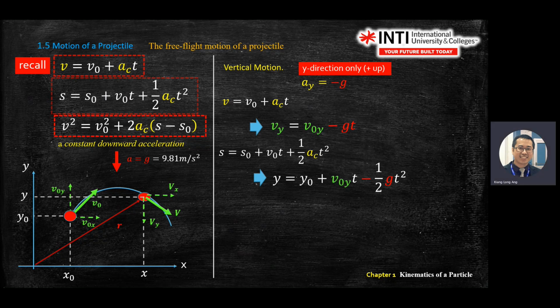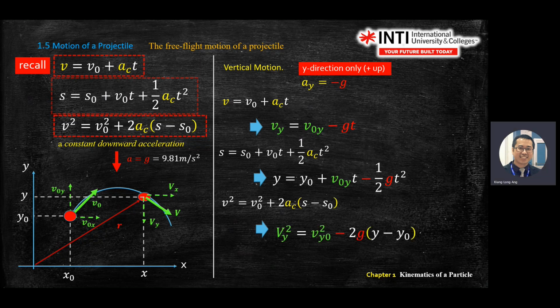You apply the same for the second one, and you will get this one. Change your s into the y coordinate because you're looking at vertical motion. s changes to y, V0 becomes Voy, and a changes to minus g. Okay. The third one, same.